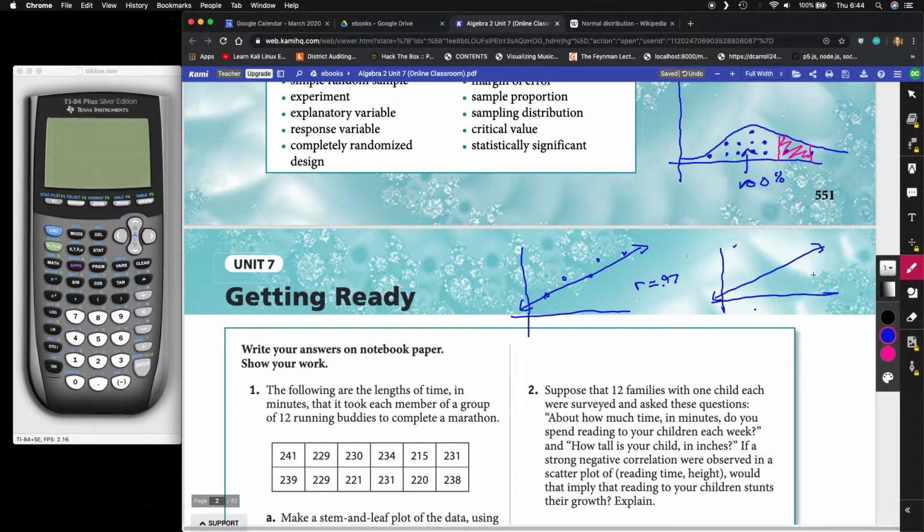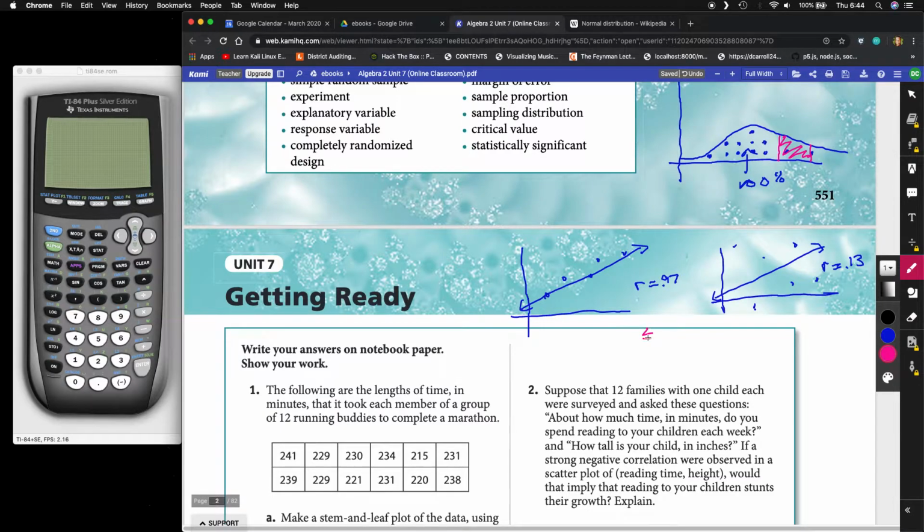But this data was more like this. Is this the best line that fits that data? Yeah, definitely. But this R value might only be like 0.13. Okay.